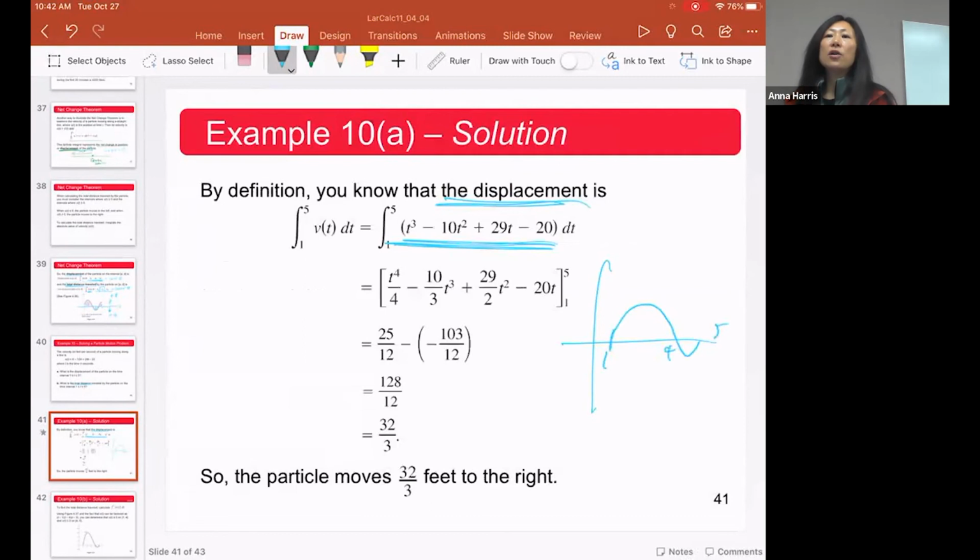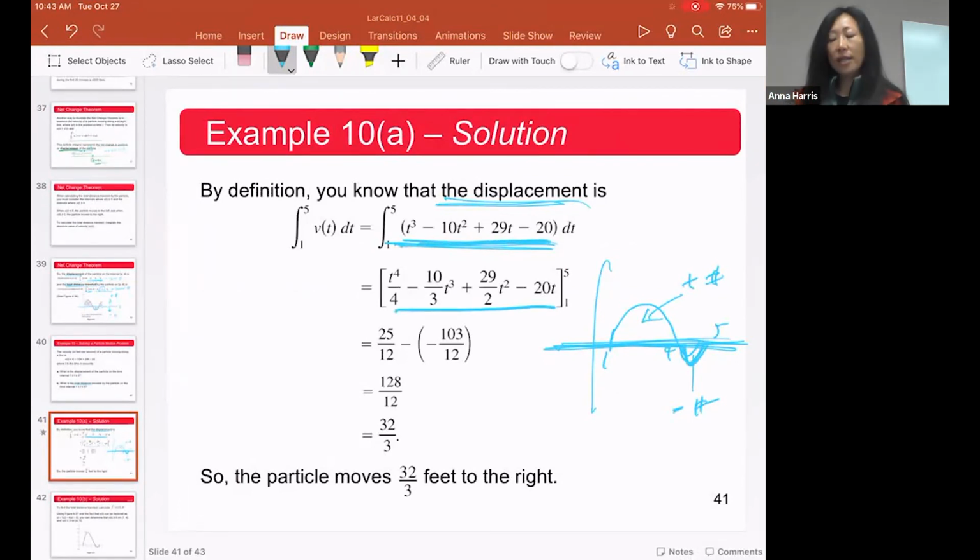So for displacement, I don't care which one is negative and which one is positive. Like this is a negative, I don't care about that. The sign doesn't matter. That's a displacement. So I'm just simply taking an antiderivative over this, which you get this. And you plug it in, 5 as your upper limit, 1 as your lower limit, and you get this number, and you get 32 over 3 as your displacement.